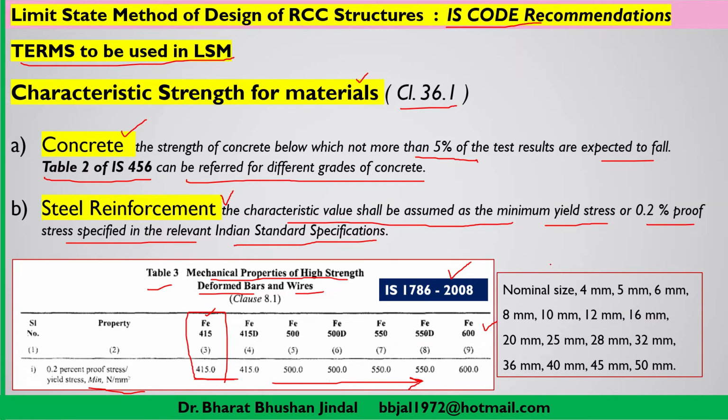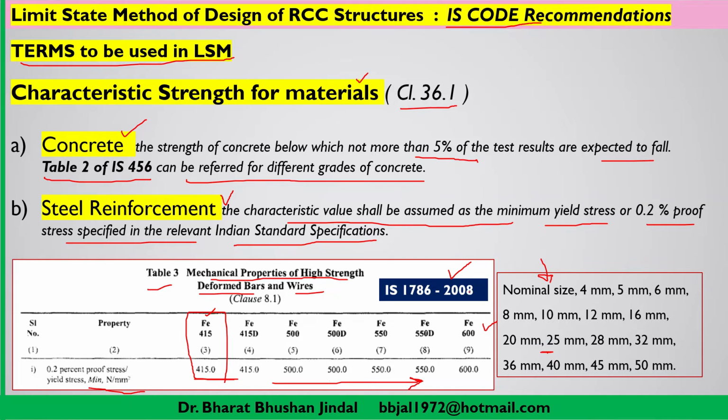Another important thing you have to take into account is the nominal size of the reinforcement bars which are available as per the code. These are 4 mm, 5 mm, and so on, the diameters of the bars which you are going to take into consideration while designing: 8 mm, 10 mm, 12 mm. Earlier there was a 22 mm diameter bar also, but now it has been removed in the latest revision of the code. I am not going into detail on the various revisions.